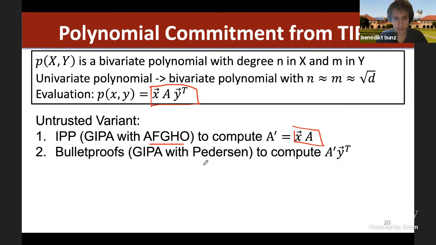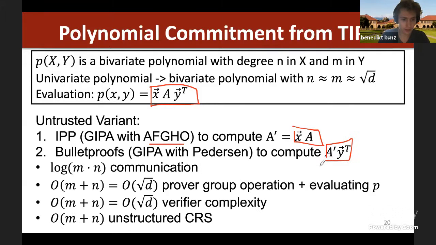And then we can simply use Bulletproofs or GIPA instantiated with the Pedersen commitment to compute A prime times y. And in the end, this protocol has logarithmic communication. But the interesting thing is that the prover and verifier complexity is not linear in m times n, but it's linear in m plus n.